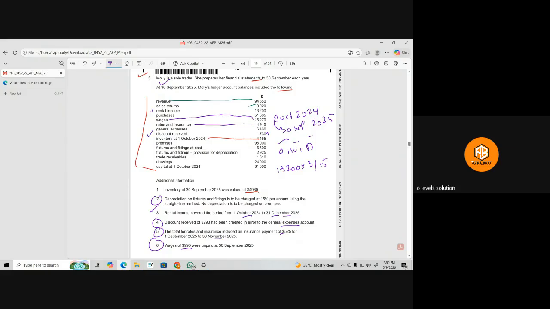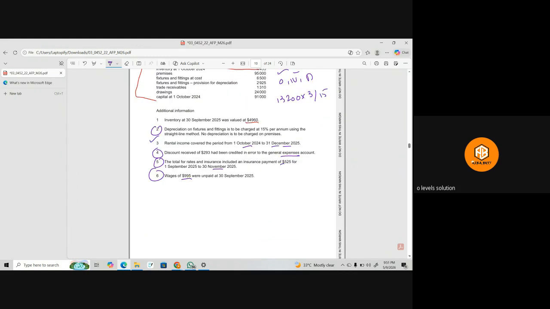So it means that this payment is for 3 months, September complete, October complete, November. But because the year is ending on 30th September, this payment is covering the time from 1st September to 30th November. So 1st September to 30th September is part of this year's expense.